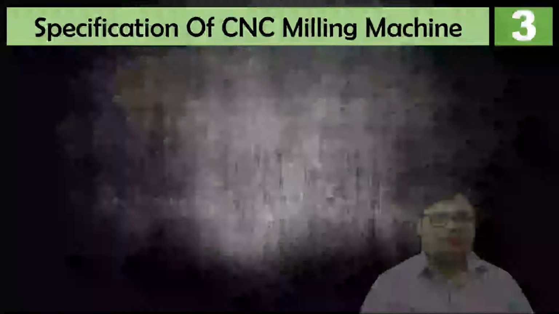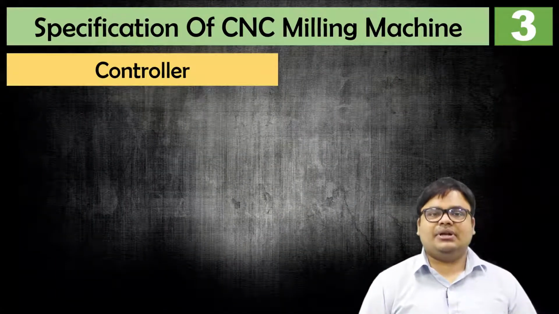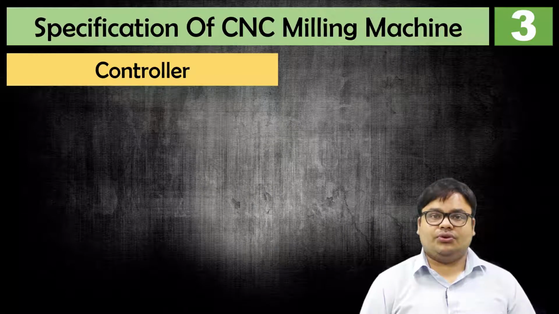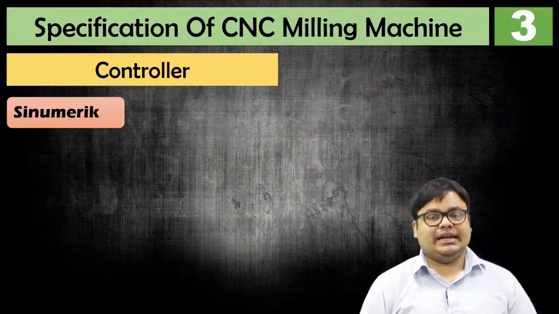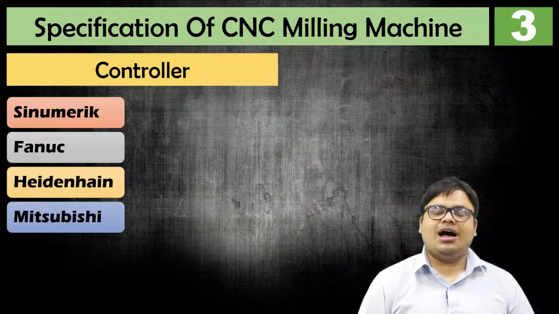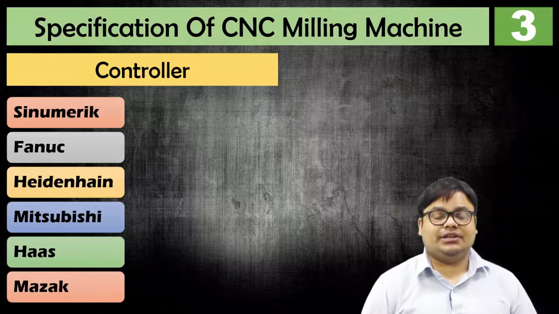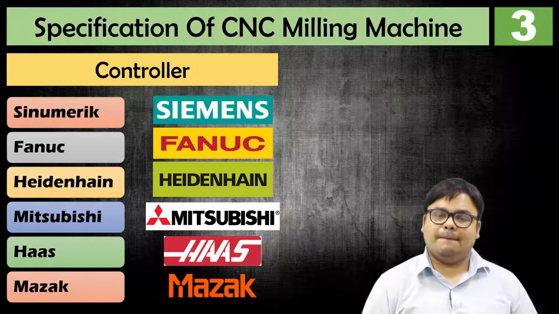Moving on to the third one, you can get the controller, the most important part. Here you can see some of the top rated controllers available in the world nowadays: Sinumerik, Fanuc, Heidenhain, Mitsubishi, Haas, Mazak. These are the different types of controllers available nowadays in the market.